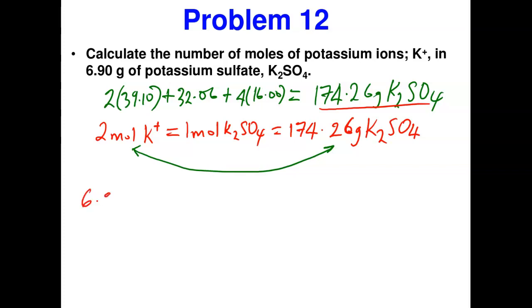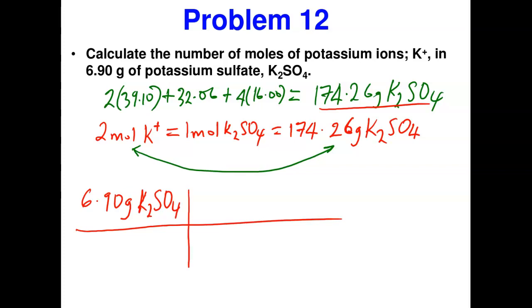If we now solve the problem, starting from what you were given, you were given 6.90 grams of K2SO4. Since we're using these 2, we want to remove the mass. So we're going to put the mass down: 174.26 grams of K2SO4. I want to cancel before I move on. Grams of this cancel grams of this. That shows you that you're correct.